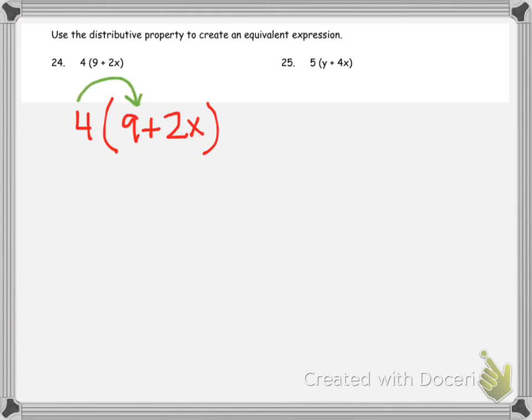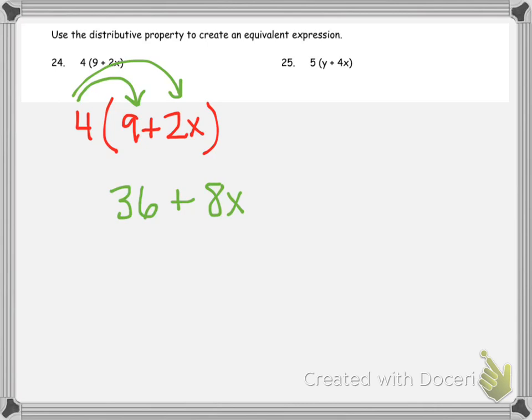This is 4 times 9, so 4 times 9 is 36, plus 4 times 2x. Well, 4 times 2 is 8, so 8x. So 36 plus 8x is my new expression that's equivalent to 4 times the quantity 9 plus 2x.